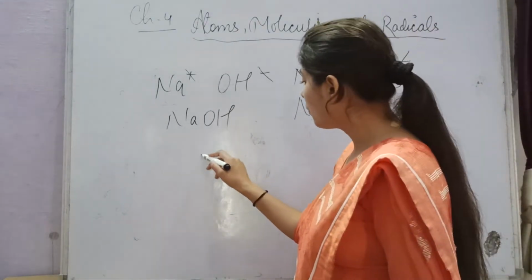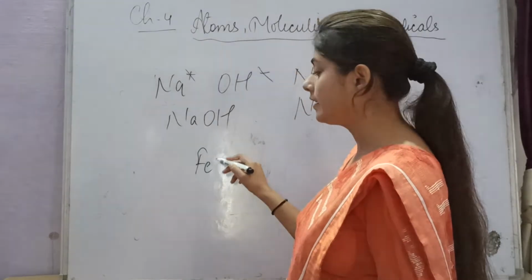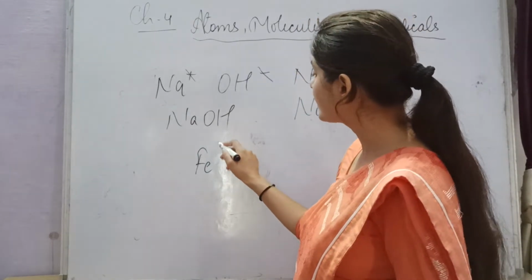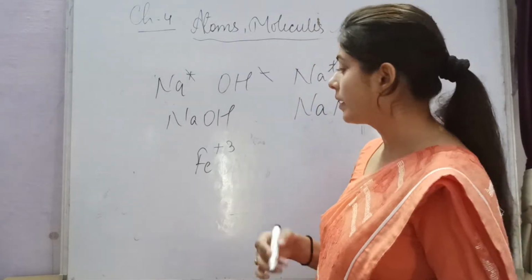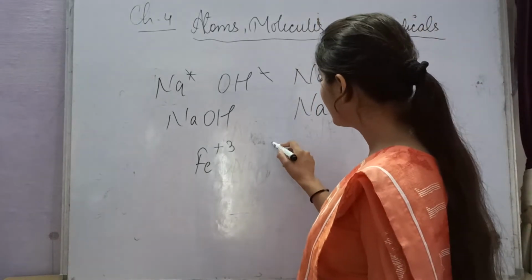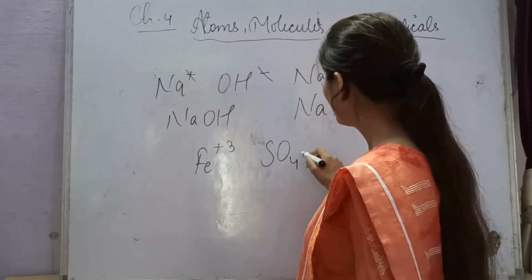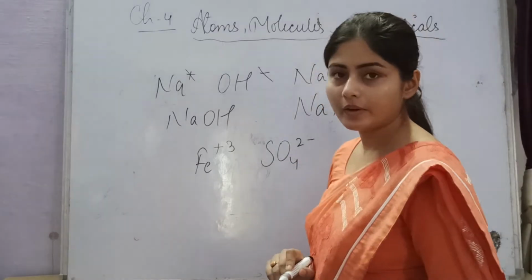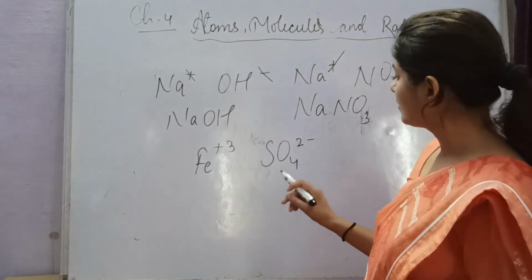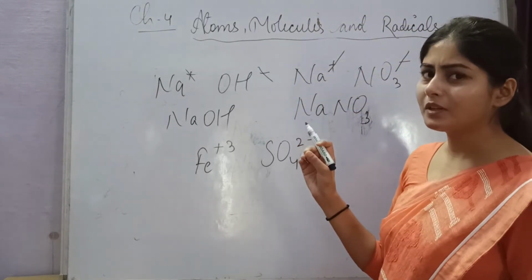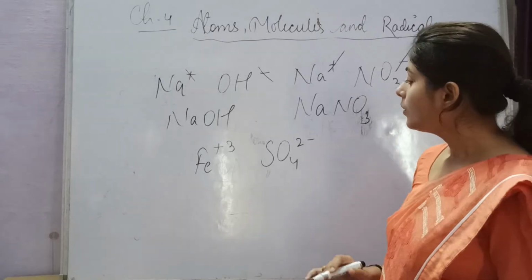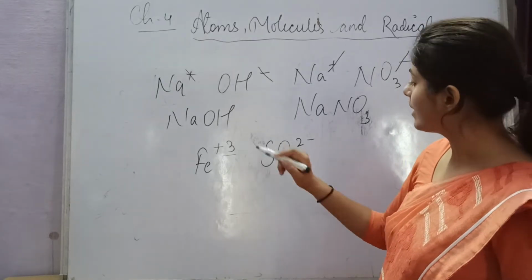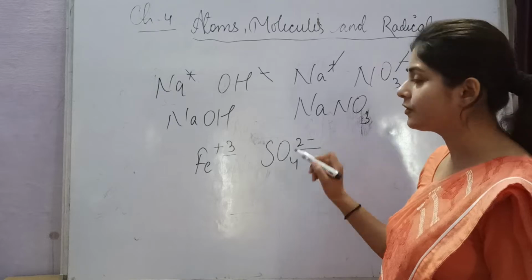Okay, let's see one more, that is iron. This time I have taken iron. Iron has a charge of +3. Understood? After that, let's take the sulfate group, SO4, 2 negative. This one is a little bit difficult, but if you use your mind, you can do it very easily. Tell me one thing, can +3 charge cancel 2 negative charge?